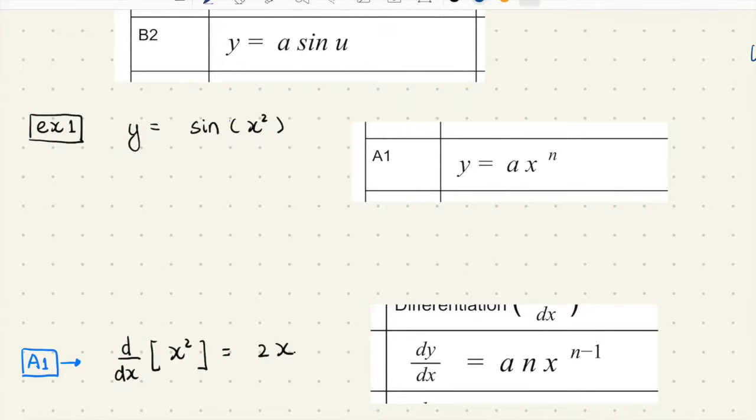If you try to match the equation with the pattern there, it fits, right? In this case, A is equal to 1, U is x squared. Since you're using formula B, we must choose one more formula to solve for U, which means we must find du dx, right?